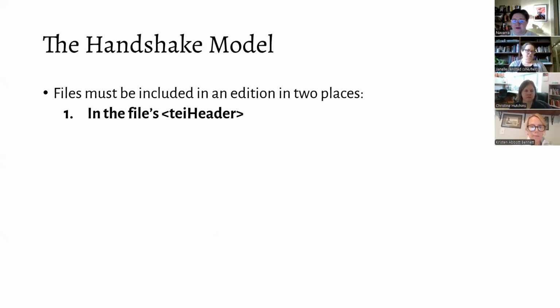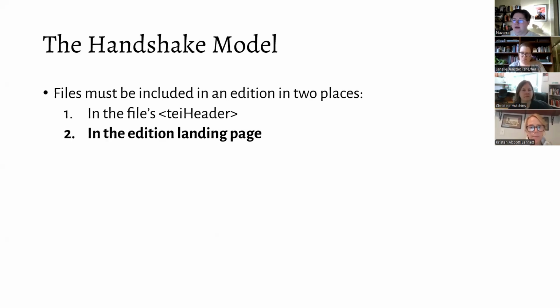The first is in a file's TEI header, you need to say this is going into the DRE anthology or QME or MOMS or whatever anthology you're working with. And then in your edition landing page, you have to say, yes, I want this file to be included. So it happens in two places. If it's not in both places, the file doesn't get published.